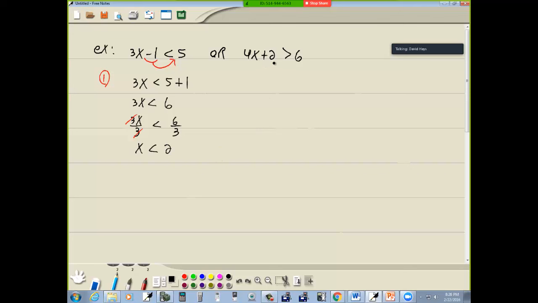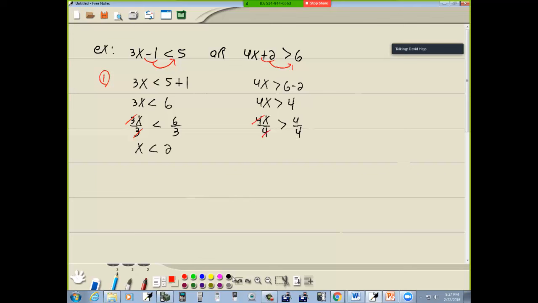Now we want to do the same thing on this one. Get rid of parentheses, don't have any. Get rid of fractions, don't have any. Get everything with an x on the left side, numbers on the right side. So I'll take the 2 over. It becomes a -2. Combine numbers: 6 minus 2 is 4. Last step. Divide both sides by the number in front of your x, which is a 4.